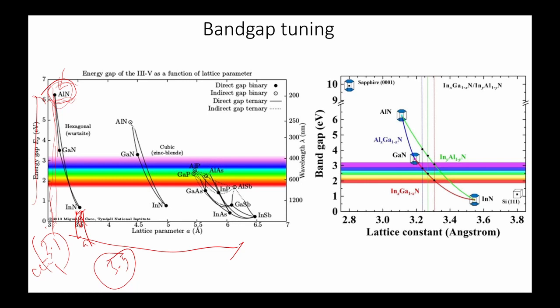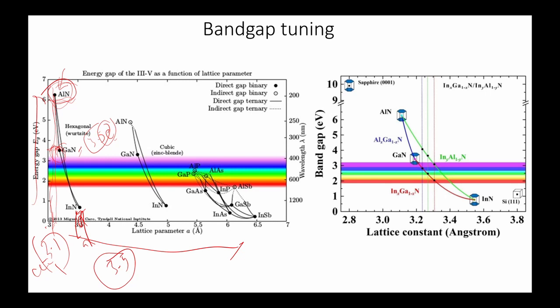Gallium stands in between aluminum and indium, so the lattice parameter will be in between these two, and the band gap is around 3.5 electron volts.